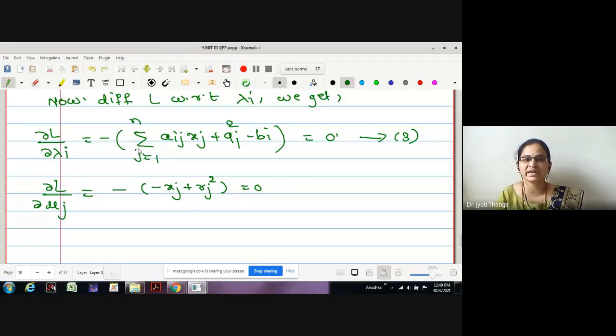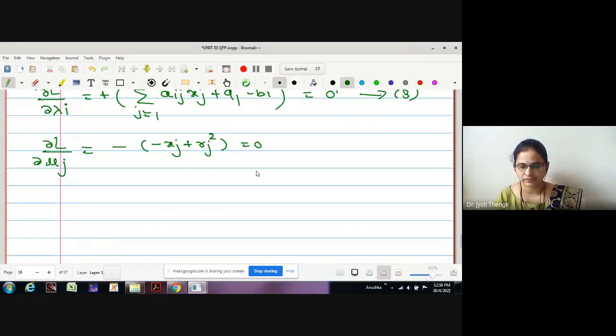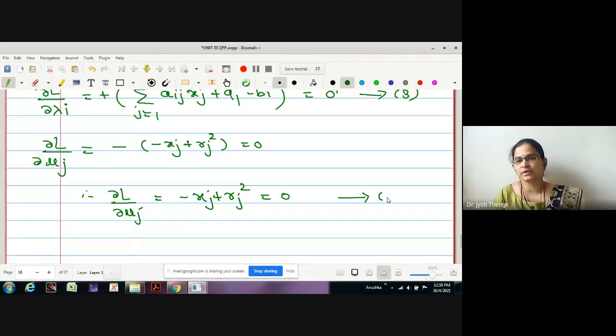So this is my next derivative, dou L by dou mu j: minus xj plus rj square equals 0. Let me call this equation number 4.